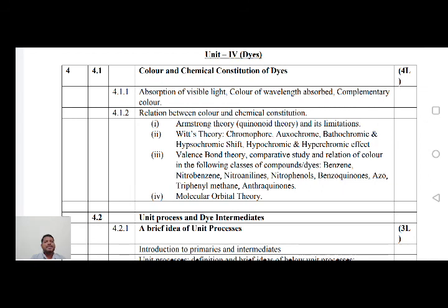The relation between color and chemical constitution is based on four theories, that is Armstrong's theory, Witt's theory, valence bond theory, and molecular orbital theory.